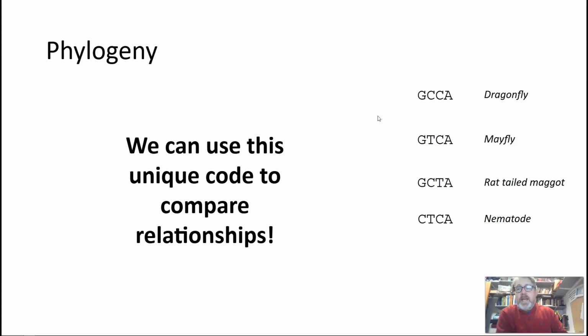The reason we can do that is the more closely related an organism is to another organism, the more of their sequence they're going to have in common with each other. So we can compare sequences, see how closely they match up, and that gives us an idea of how closely related those two species are.